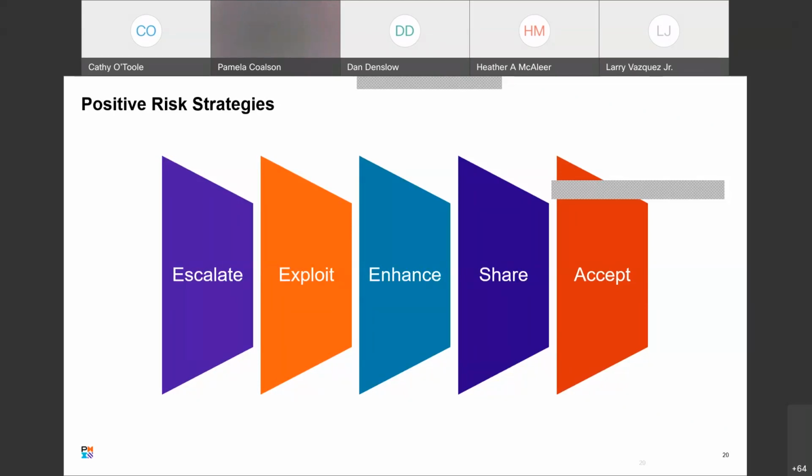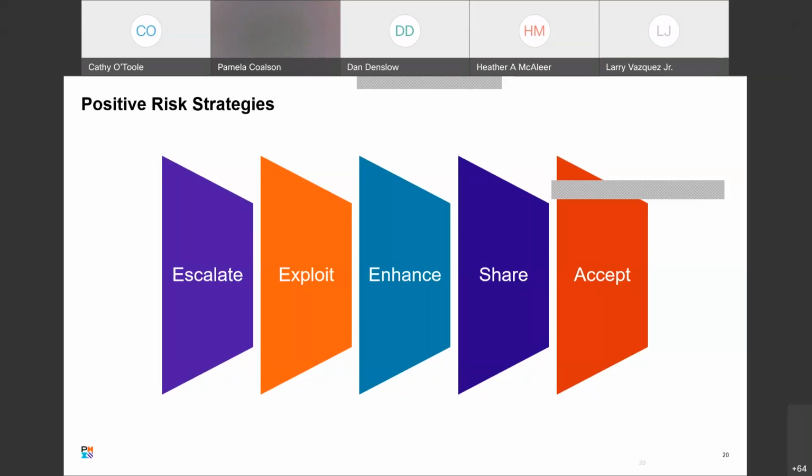Some examples where it can be a positive risk strategy, same thing. You have to escalate because you want to make everybody aware of what's going on, and you know that what you're escalating isn't a bad thing. It's just making sure that people understand here's an opportunity to do something good, so you want to make sure everybody knows about it.